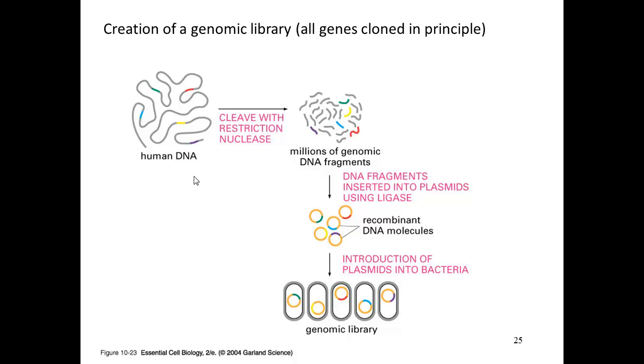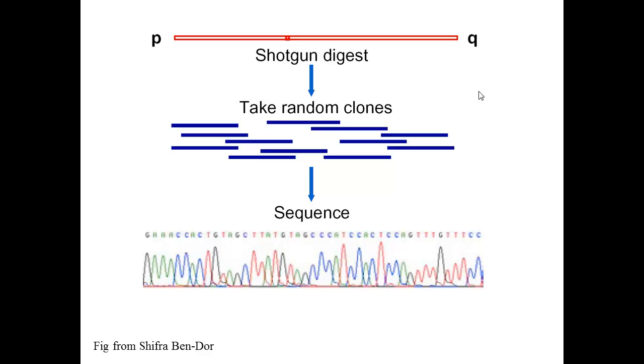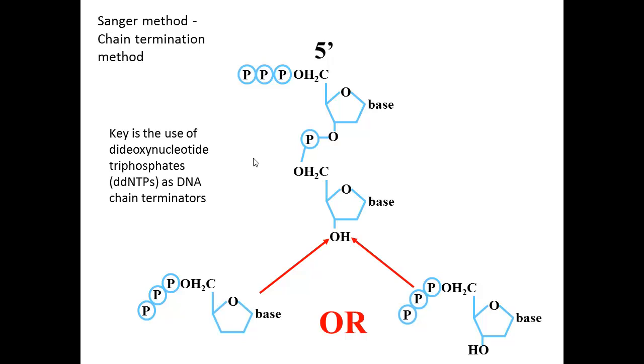The first step used to be fragmenting the DNA into lots of pieces, cloning them into different bacteria, producing a genomic library in which a genome is represented as small pieces in billions of bacteria. And then if we use one of the strategies called shotgun sequencing, we would take random clones, sequence them each, and then we have the process of trying to assemble them based on overlaps in the sequence.